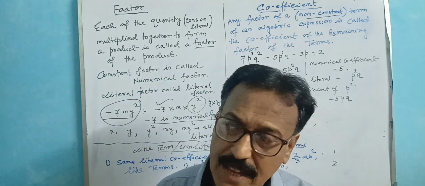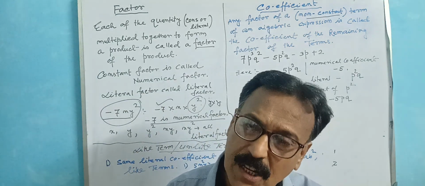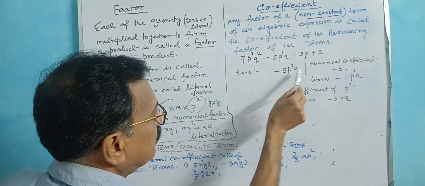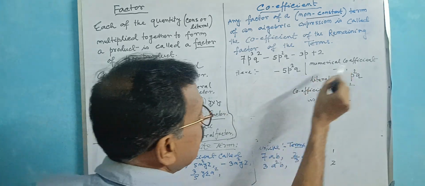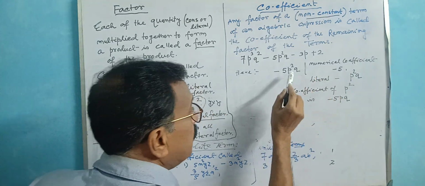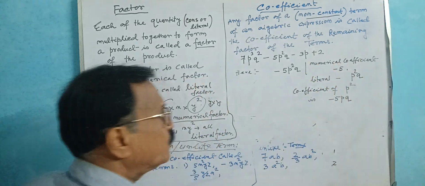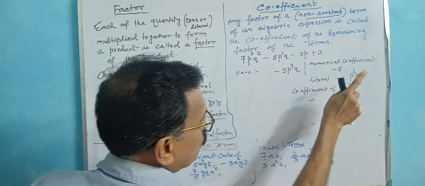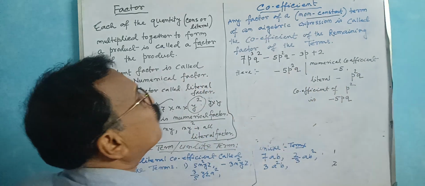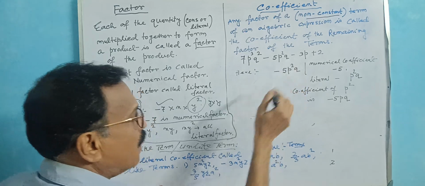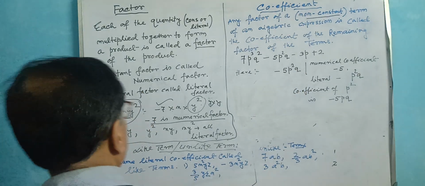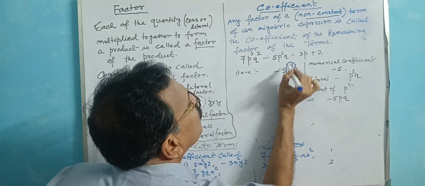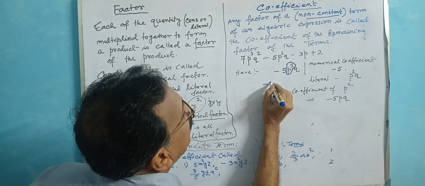Non-constant term means there is a literal part, or a combination of numerical and literal parts. Suppose you take this term: the numerical constant is minus 5, and the literal part is p square q. Clear? Now the coefficient of p square: you round up this p square, so what is the remaining? Minus 5q.